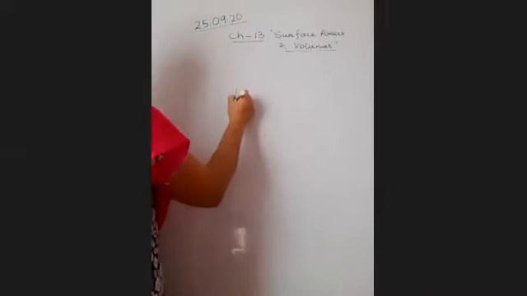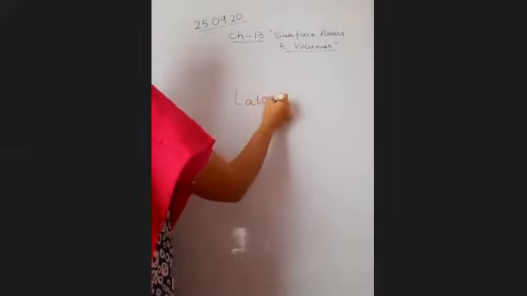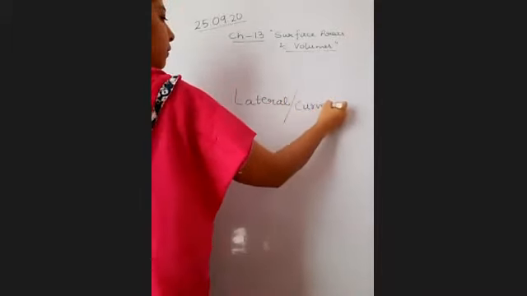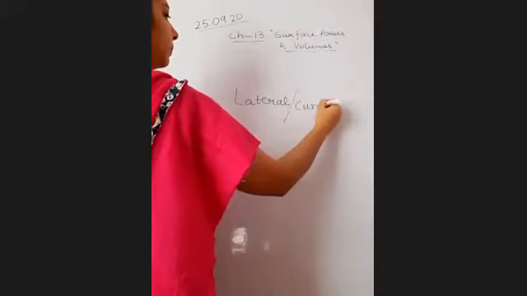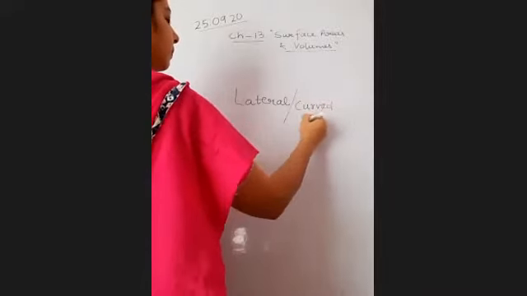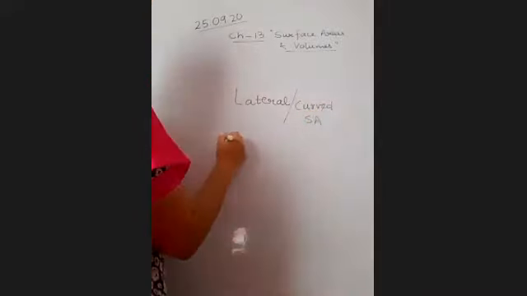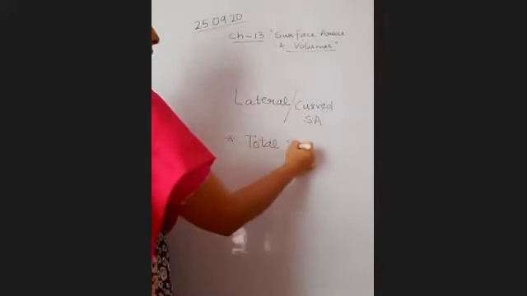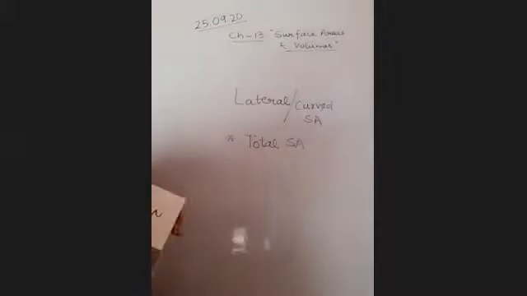Now I would like to give you the difference between lateral surface area, which is also known as curved surface area, and total surface area. What is the difference between these two?